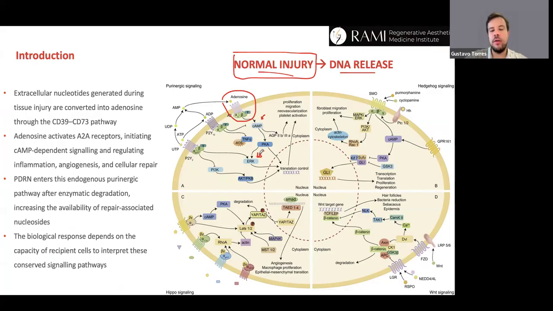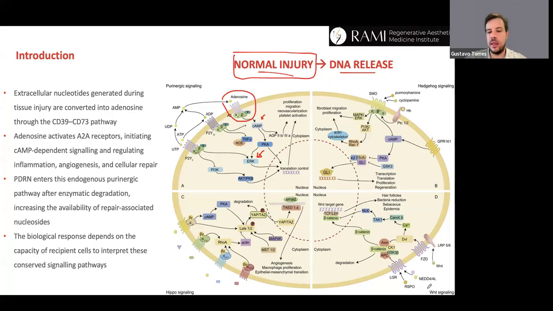So part of how cells proliferate, migrate, and produce proteins is linked to the fact that if a cell is injured, DNA gets released, binds to a certain receptor, and stimulates this same pathway. And obviously, there are many other pathways that lead to the same thing.